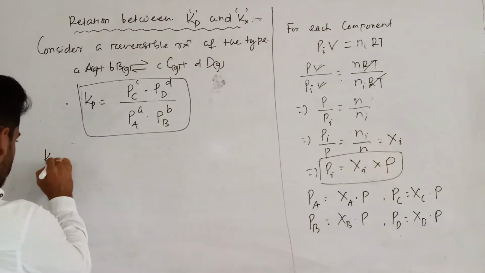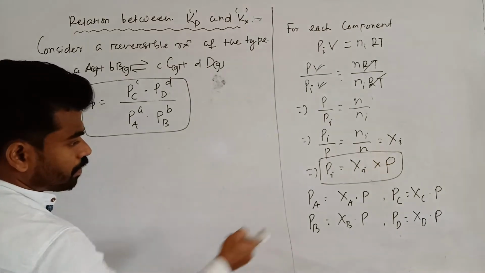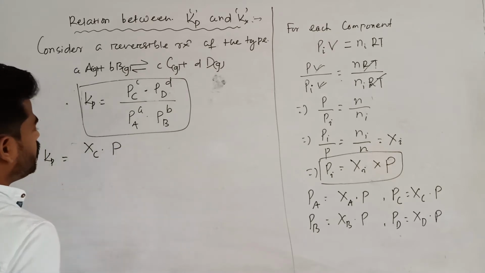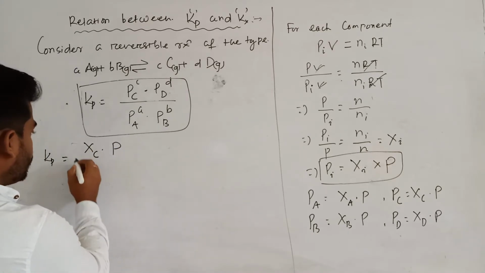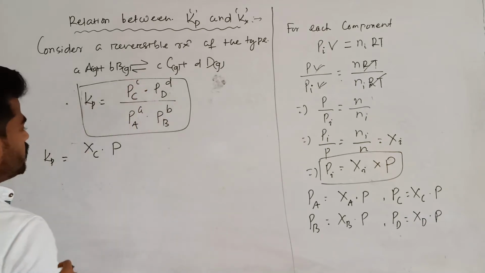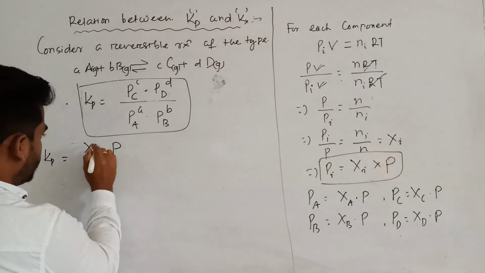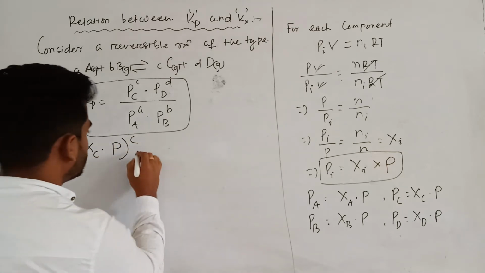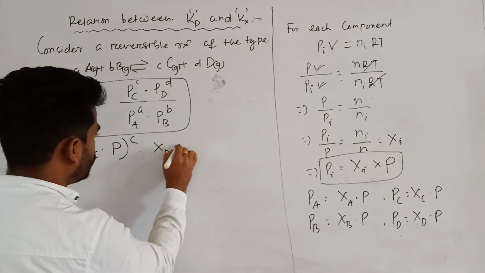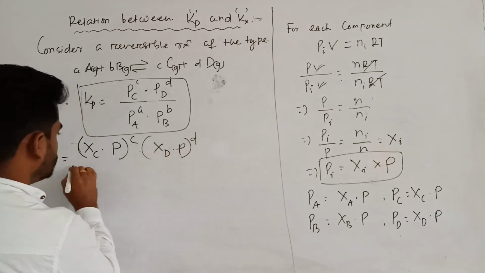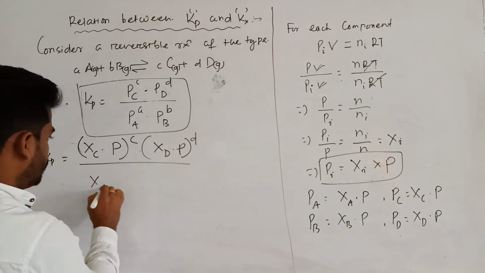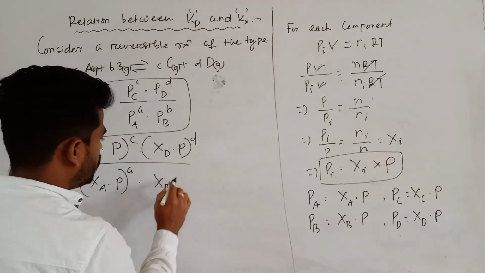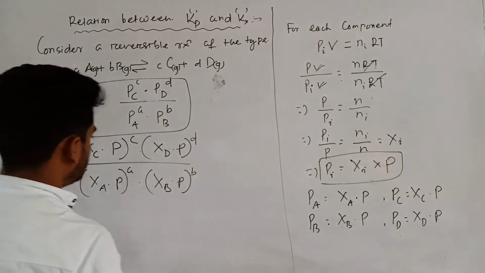Kp becomes equal to partial pressure of C, that will be mole fraction of C into the total pressure P, to the power c, its stoichiometric coefficient, that will be Xc to the power c whole to the power c, into mole fraction of D into total pressure to the power d, divided by XA into total pressure to the power a into XB into total pressure to the power b. This will be the expression.